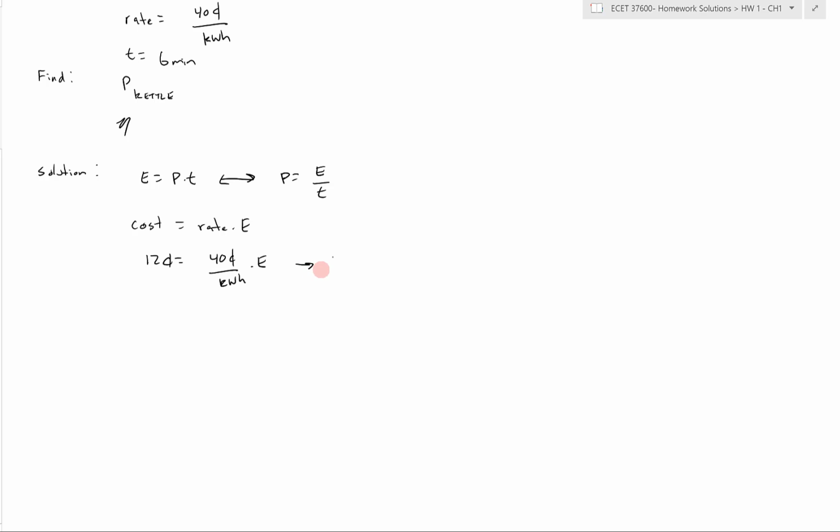I'm just going to convert that over to say energy is equal to, we're going to divide left and right, 40 cents divided by 1 kWh. So the cents are going to cancel. kWh is in the denominator of the denominator, which is going to pop it up into the numerator, so it's equal to 12 over 40 kWh right there.